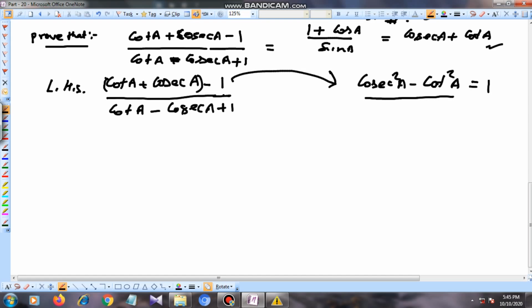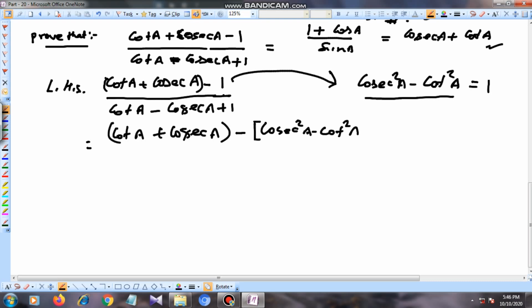So we put the value of 1 in this condition, then we get cot A plus cosec A minus the value of 1, which is cosec square A minus cot square A, right, upon cot A minus cosec A plus 1.